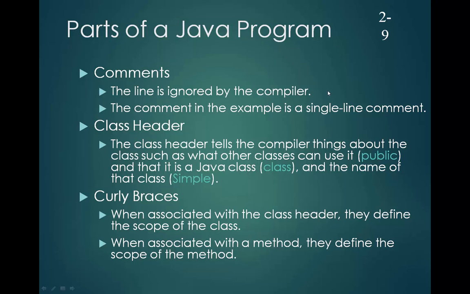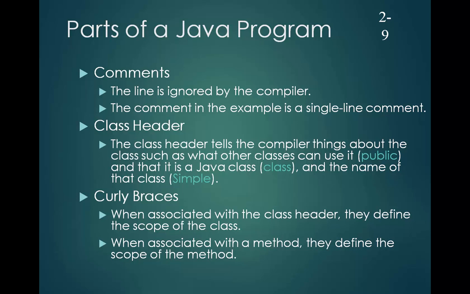So just to review, we've got comments, ignored by the compiler. They're there for the programmers only, but they are very important parts of a Java program, you will learn. We have a class header that tells us some things about the class, whether other parts of the program can use it.